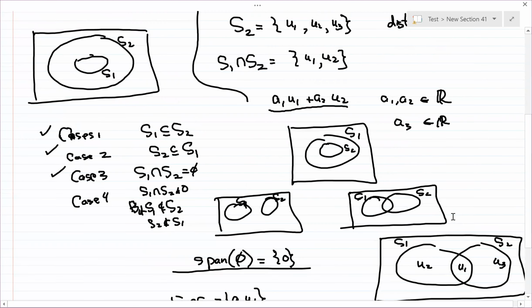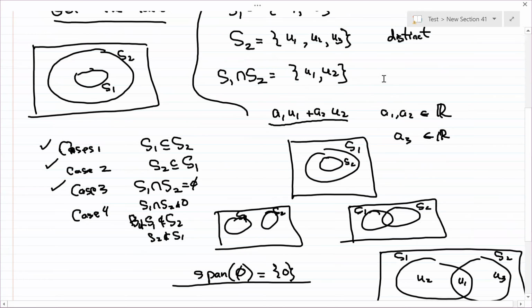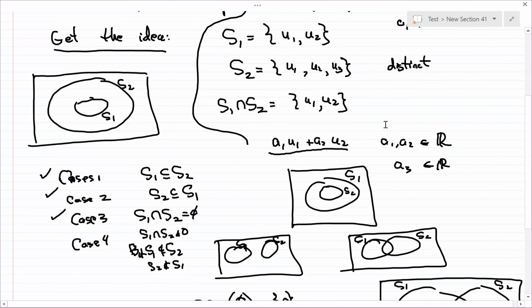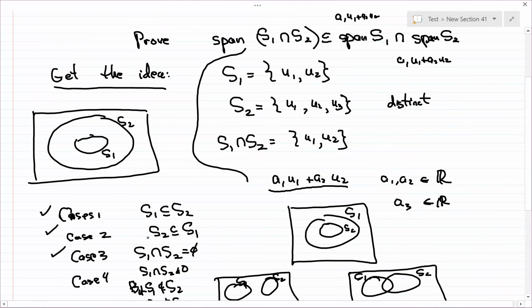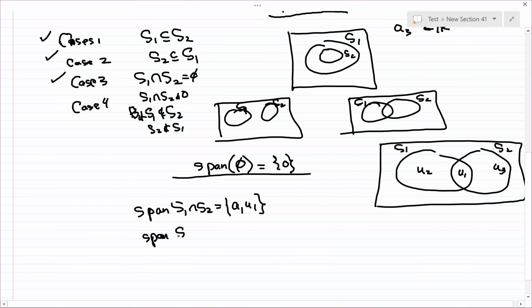Okay, now what do the other 2 things look like? The span of S1 would be all linear combinations of these things. So that would look like things that look like A1 U1 plus A2 U2, where A1 and A2 are all real numbers or in the field.